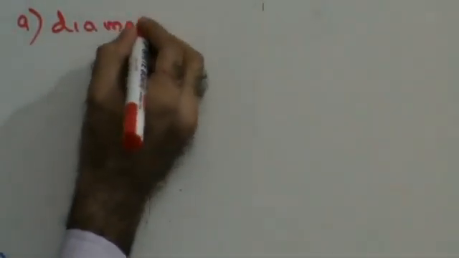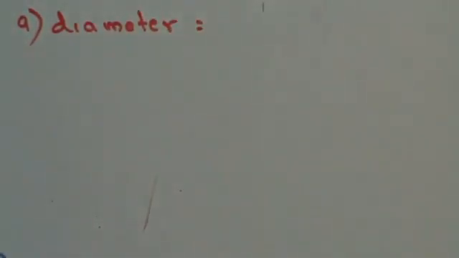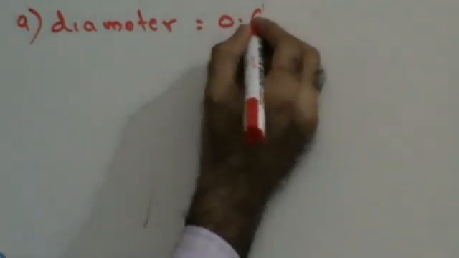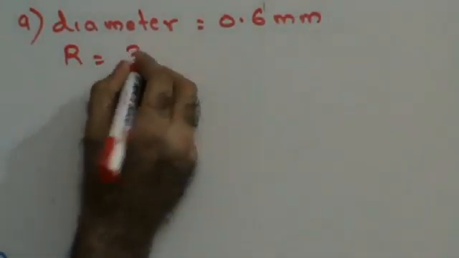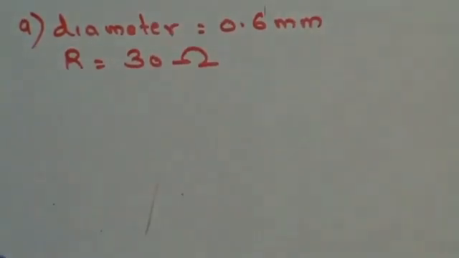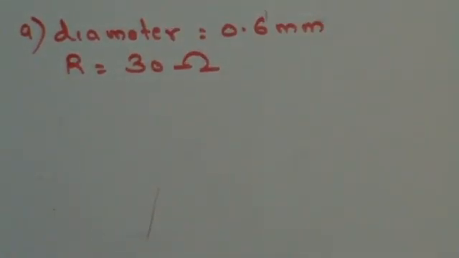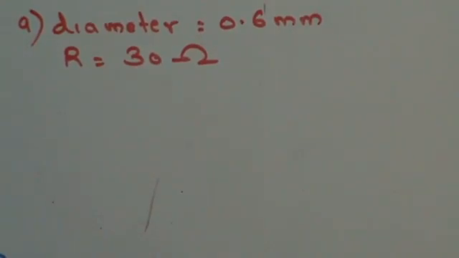A metal wire has a diameter of 0.6 millimeters and a resistance of 30 ohms.